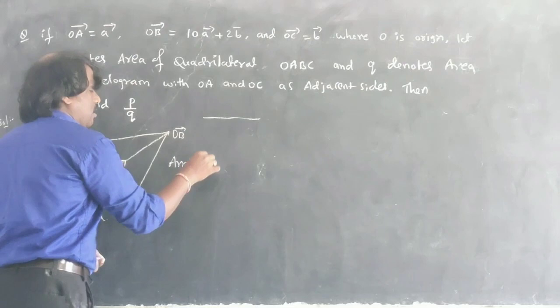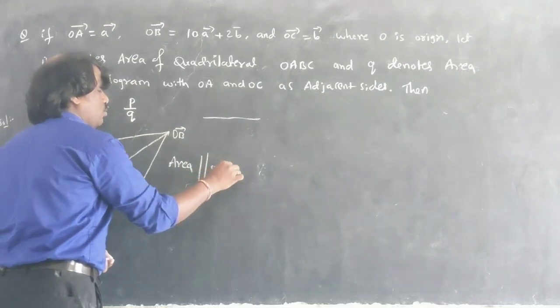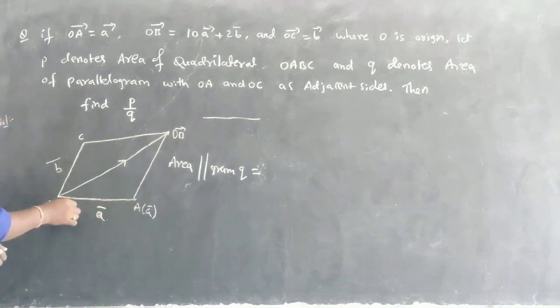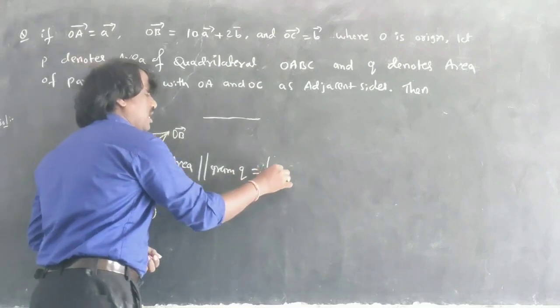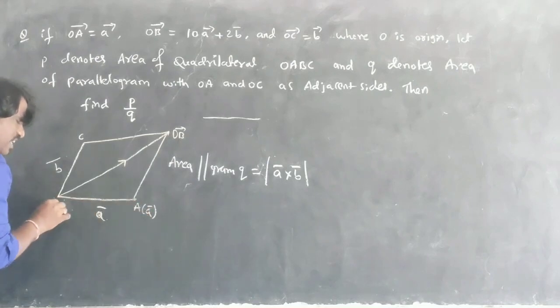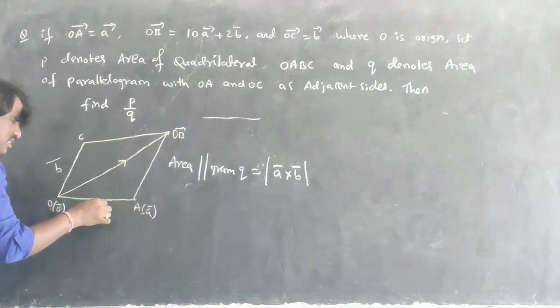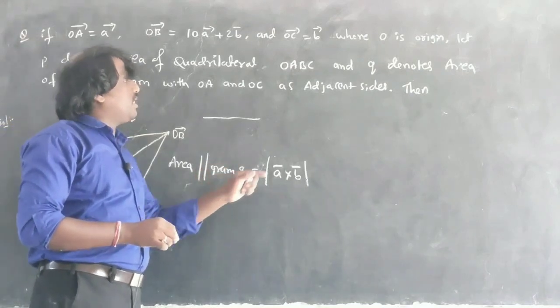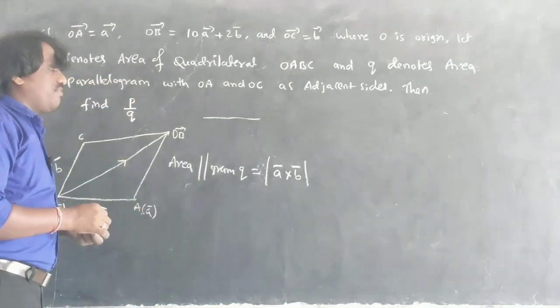Area of the parallelogram is equal to Q. You have two adjacent sides, then the area of the parallelogram will be mod A cross B, because OA vector is A vector and the OC vector is B. So according to this, this is A vector, this is B vector, so the area Q will be mod of A cross B.